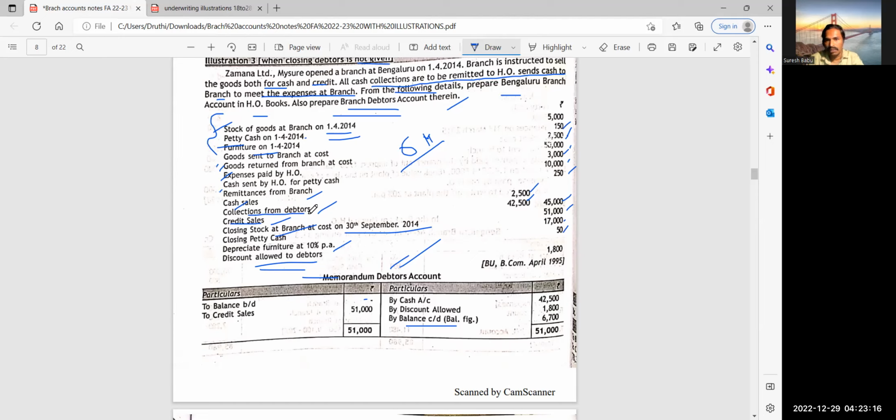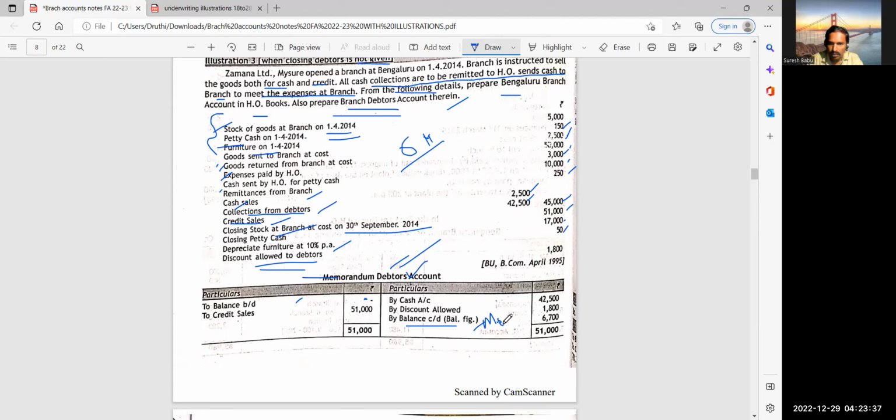Three items are given relating to branch debtors. What is missing? Opening and closing are missing. Opening is nil because this is the first time the business is commenced. But the closing balance is missing information.